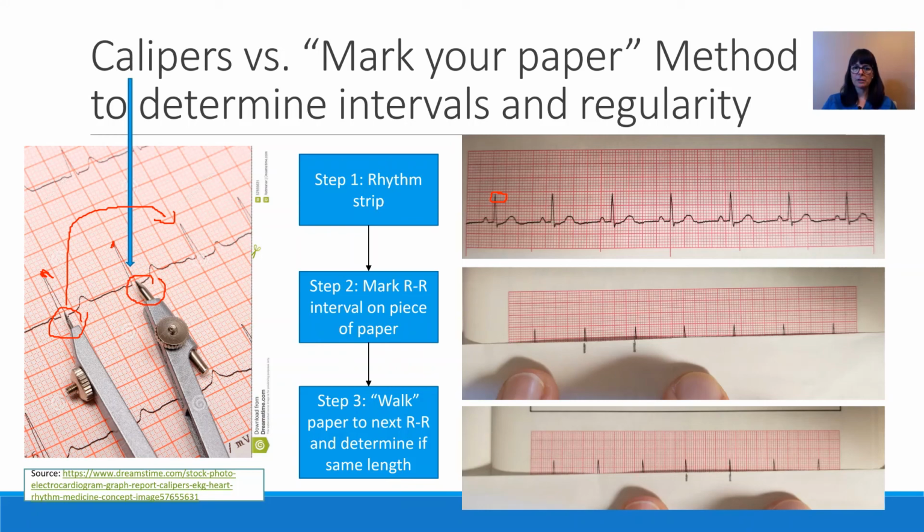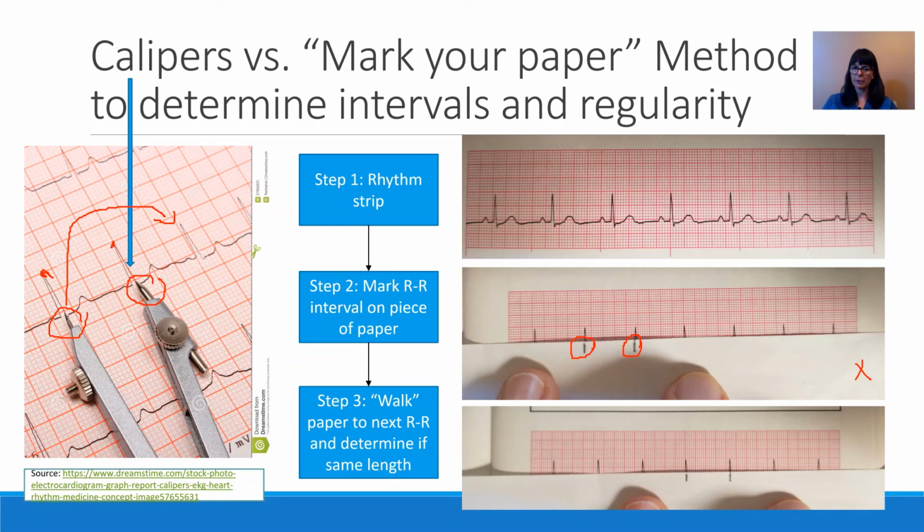Now the other not so fancy method is the mark your paper method, which you don't need any tools, you just need a blank piece of paper. And so you have your rhythm strip right here on the top, and then what I've done here is I've taken a simple piece of paper on the second picture, and I've marked with a pencil right here where the R waves line up.